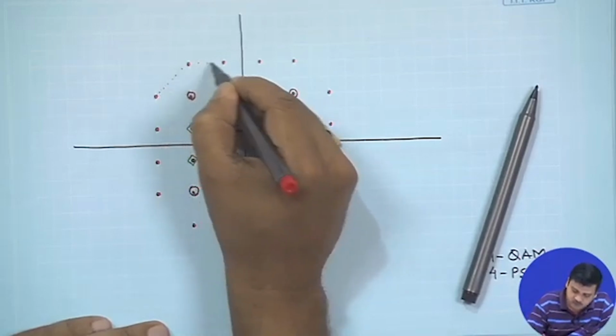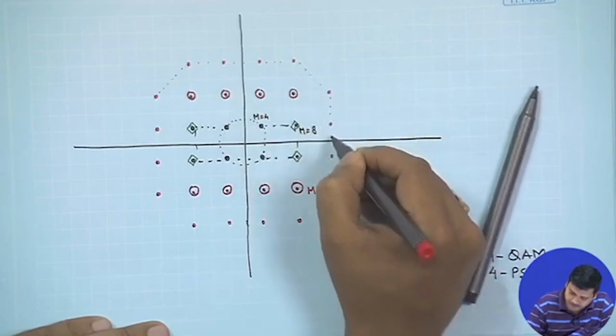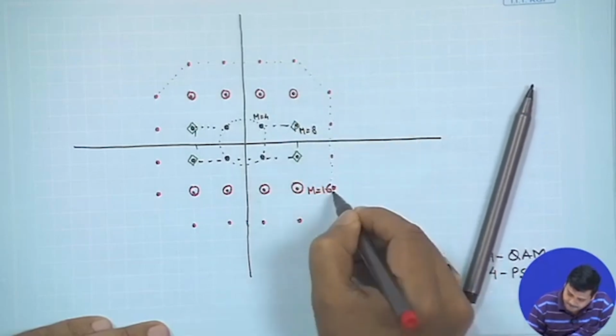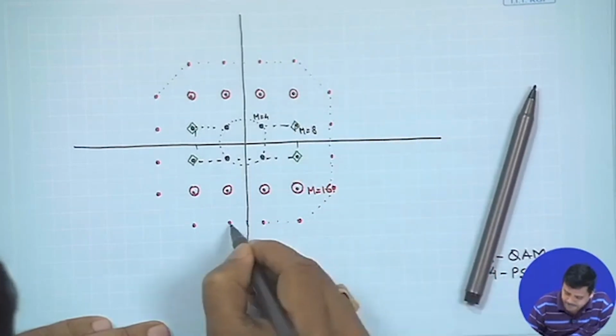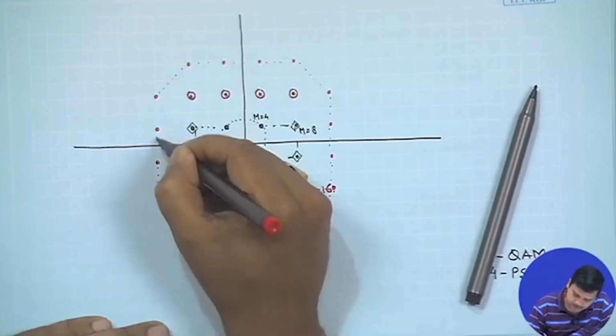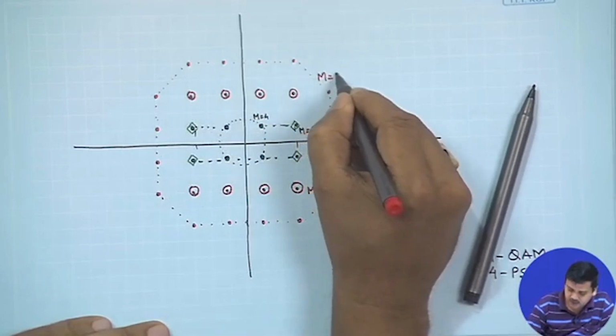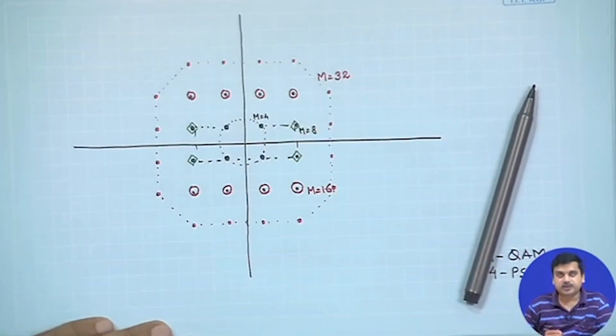If we group these, then we have the next constellation size of m equals 32.